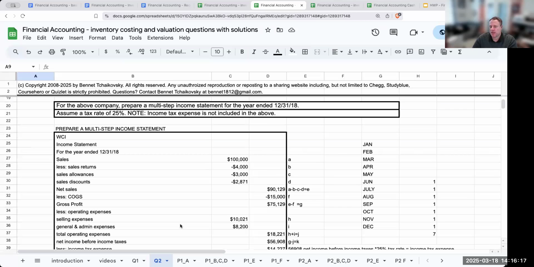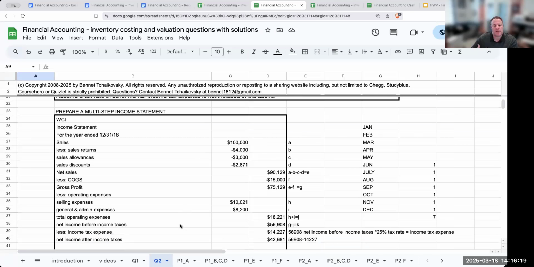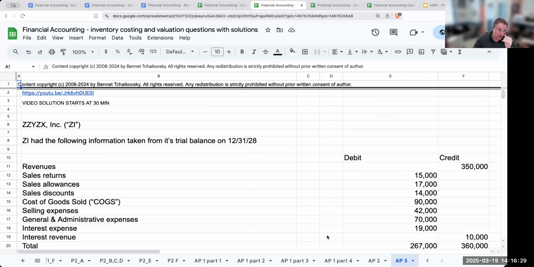right? And this is really important because it's going to be coming up when you take cost accounting or managerial accounting. So I have this one over here for this particular question, and there's also another multi-step income statement question in your additional practice.